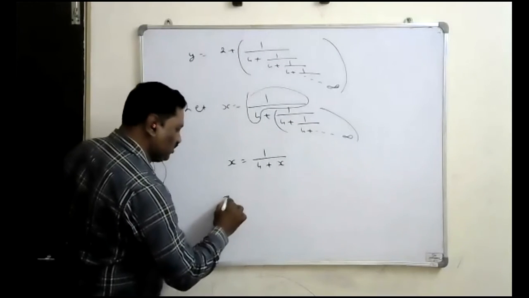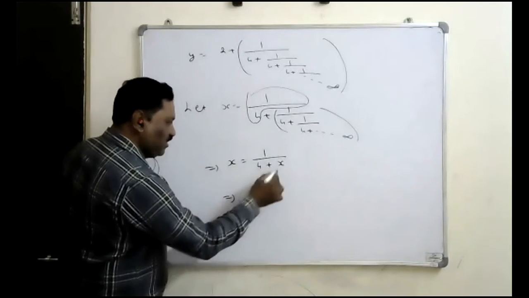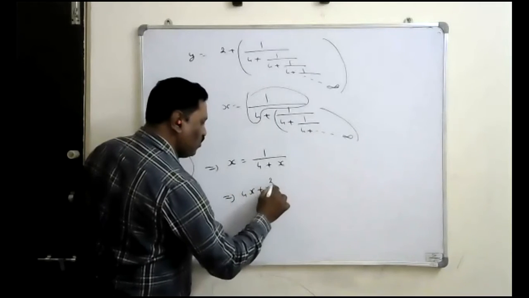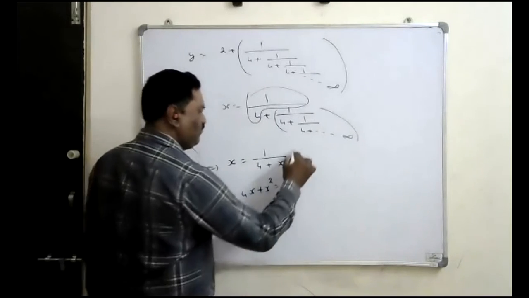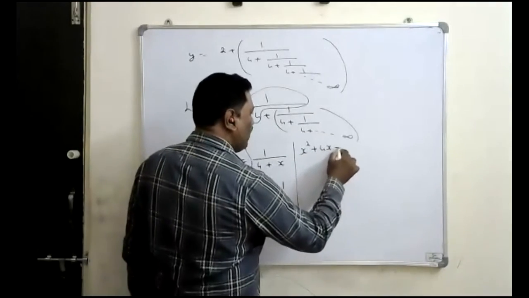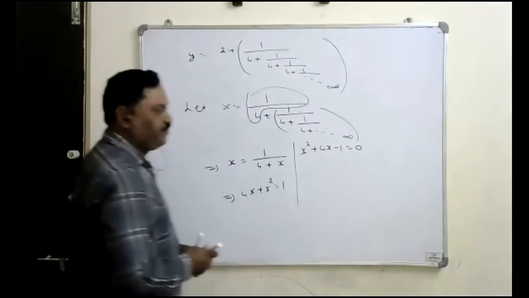Now do the cross multiplication. Bringing this side, 4x plus x square is equal to 1. Therefore x square plus 4x minus 1 is equal to 0.